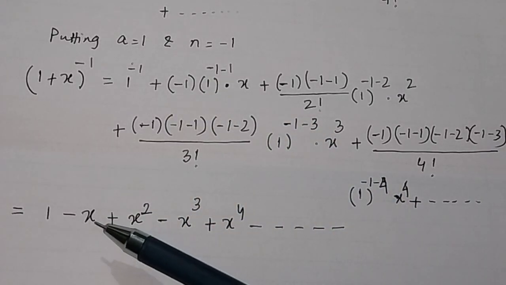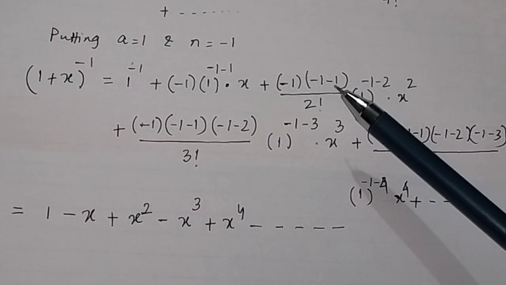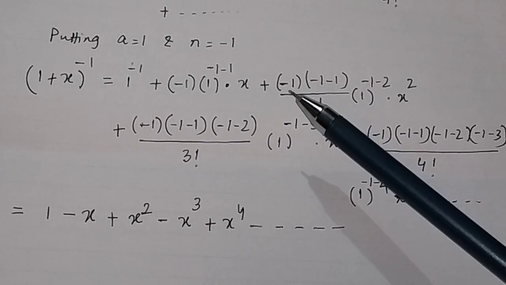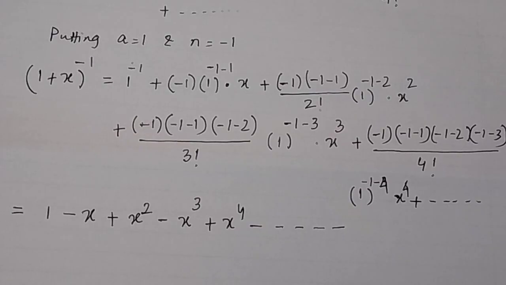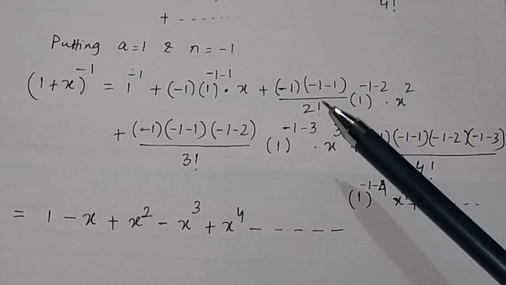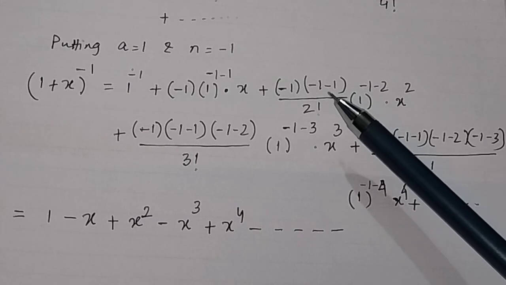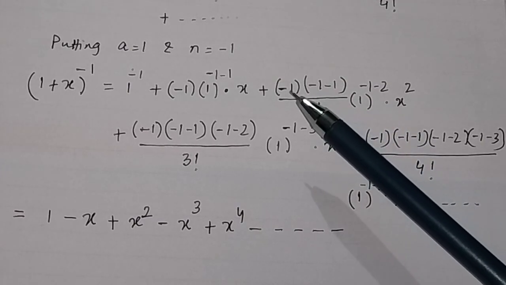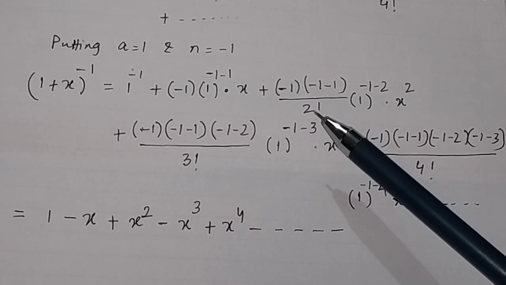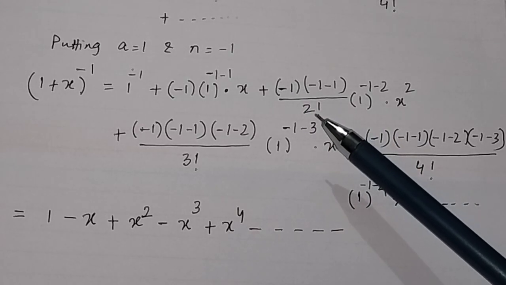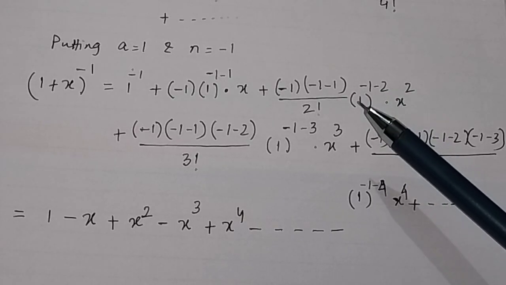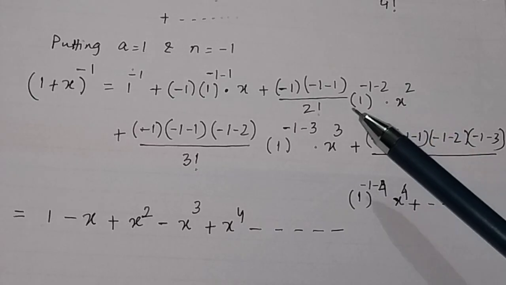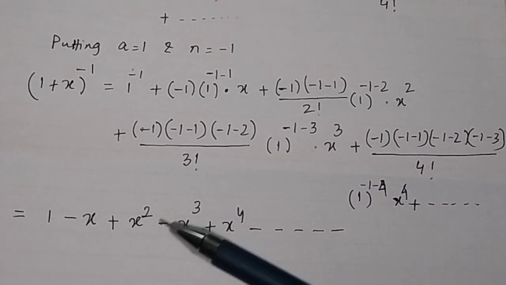Then minus 1 minus 1 will be equal to minus 2, multiplied by minus 1 minus 1, that will be equal to minus 2, then multiplied by minus 1, this will be equal to plus 2, and in the denominator you have factorial 2. Factorial 2 is equal to 1 into 2, so 2 and 2 cancel, and any power of 1 will be equal to 1, into x square. So this term will be equal to x square.